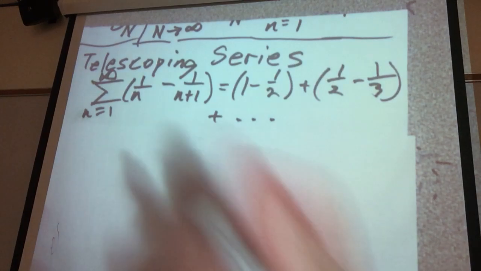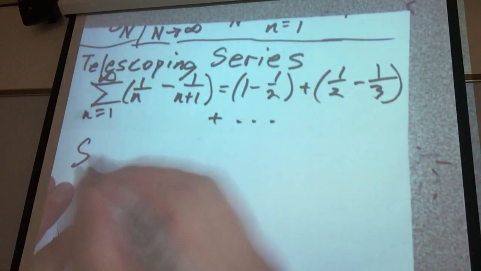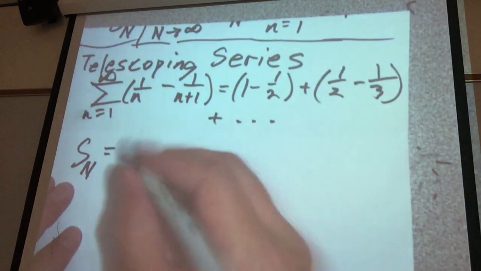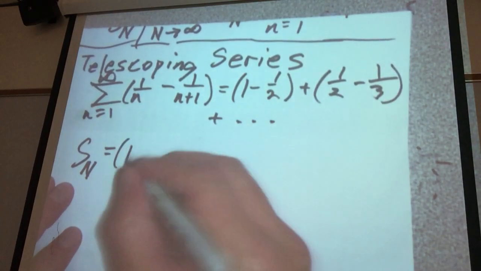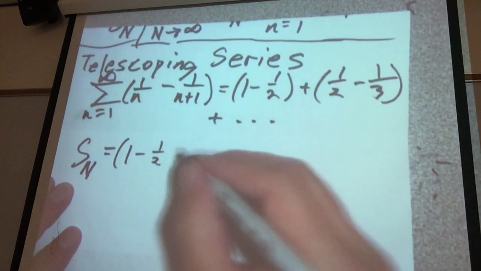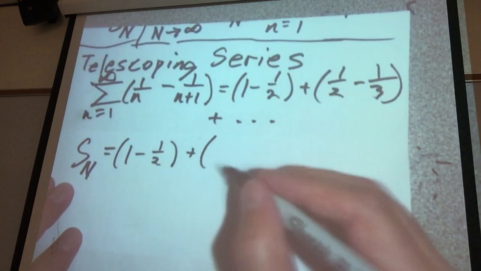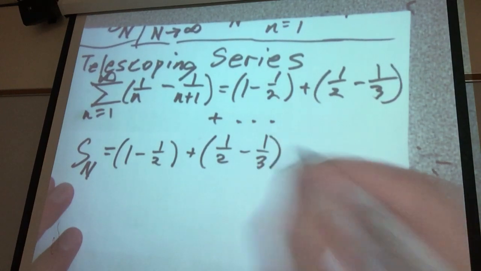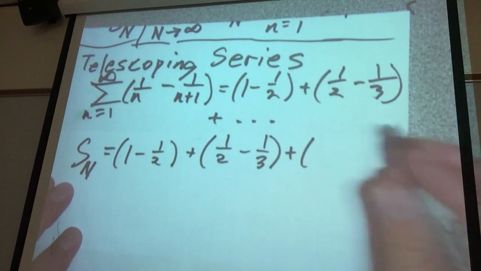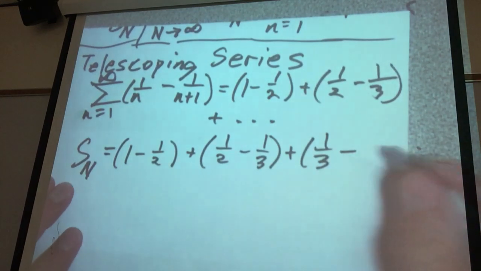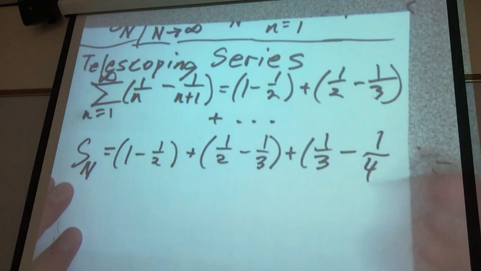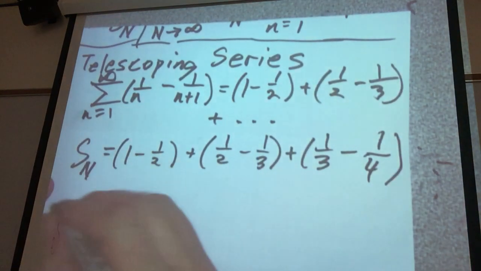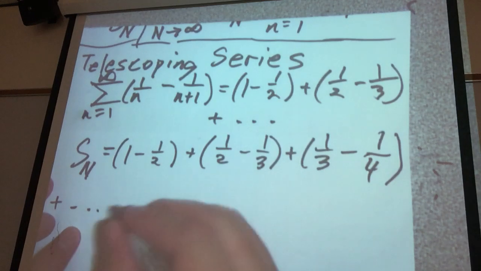Okay. Now S sub capital N would equal 1 minus 1 half, and I'm going to write out a bunch of terms. You don't always have to write out this many terms. Plus 1 half minus 1 third, and then plus 1 third minus 1 fourth, and then plus dot dot dot, and then plus.